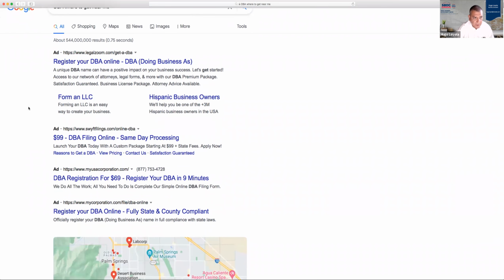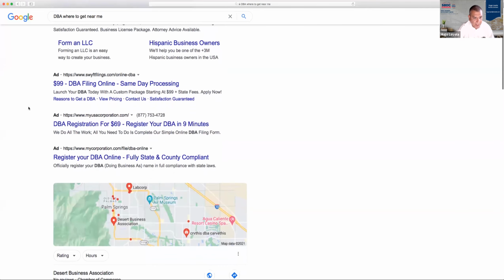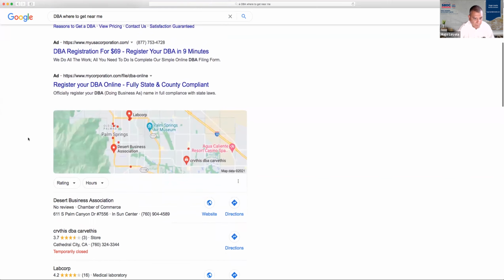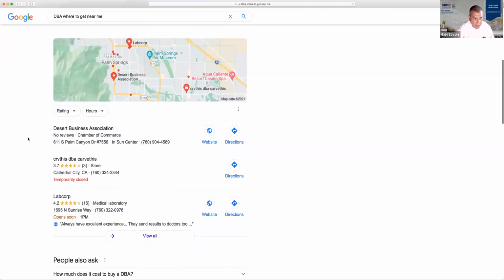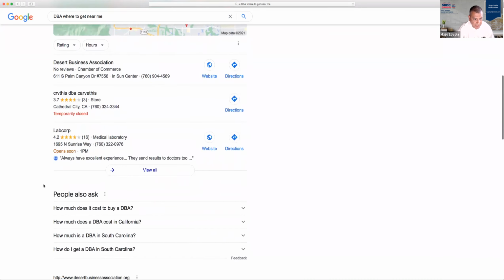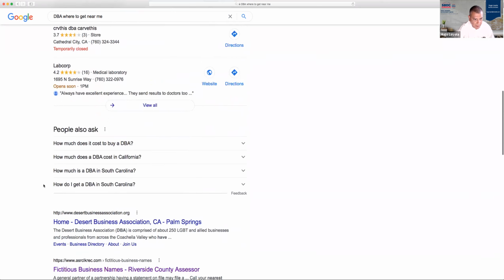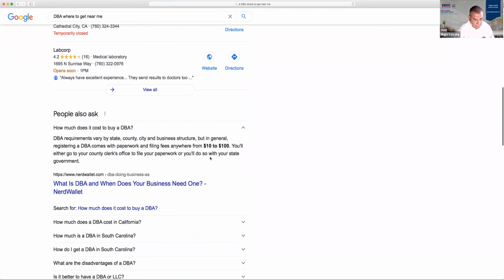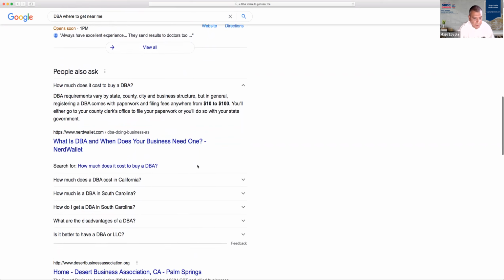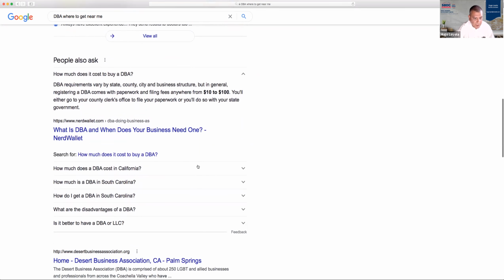There's tons of companies that will provide you the service online, obviously paying a fee, but then you're going to see some local organizations and places where you might be able to get assistance with this as well locally. You can get information about how much it costs in California. Obviously, the fees will vary from $10 up to $100, depending on who you use to apply for the DBA.